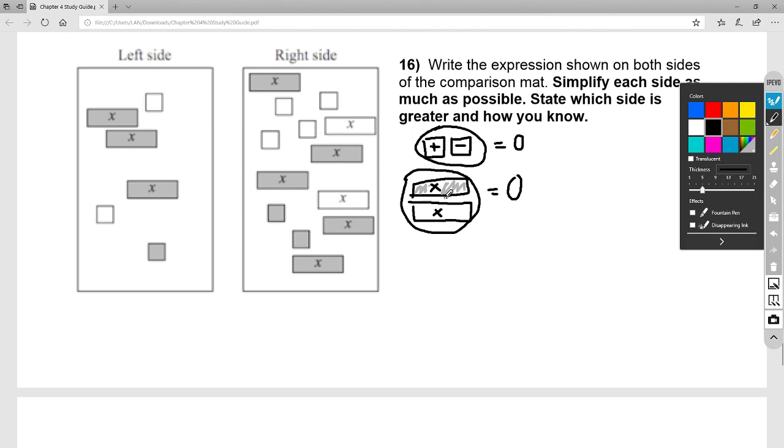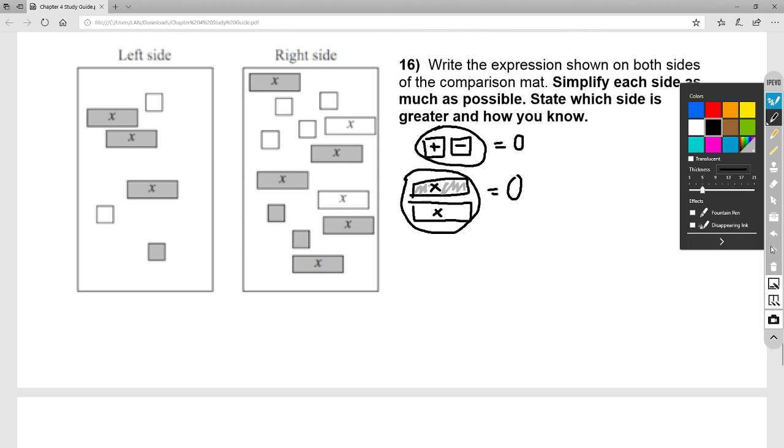And it has to be the same type of tile. So you can't just match up an x tile with a 1 tile. It has to be 2 x tiles of opposite colors, or 2 of the 1 tiles of opposite colors that you can pair up.